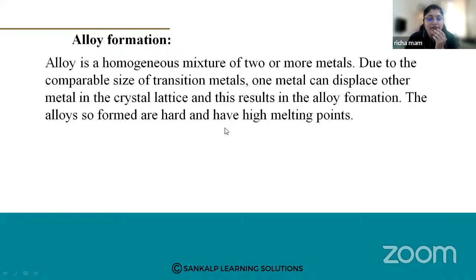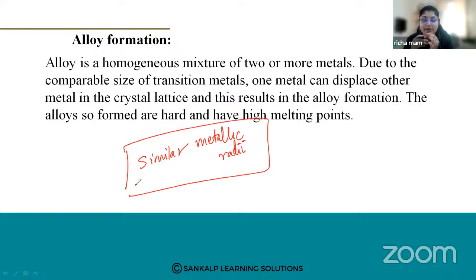These alloys are very hard and have a high melting point. Alloys are formed when the metals have similar radii, so between atoms of the same radii, alloys are formed.